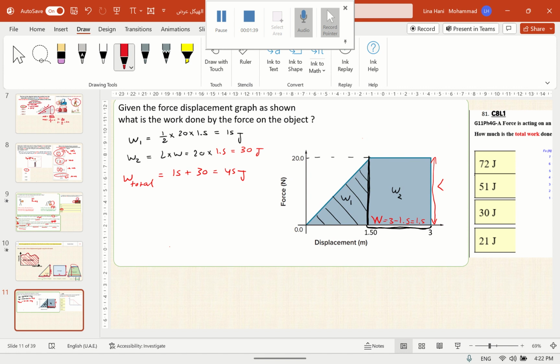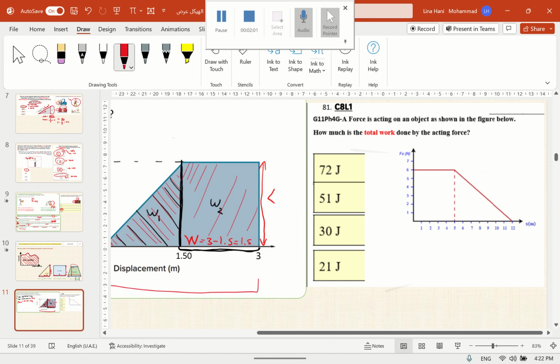So he wants you to find the total work from 0 all the way to 3 meters. That includes two areas, the area of a triangle shown here plus the area of the rectangle shown here. We found the area of the triangle, the area of the rectangle, and then we added them to find the total area, which is equal to the total work.